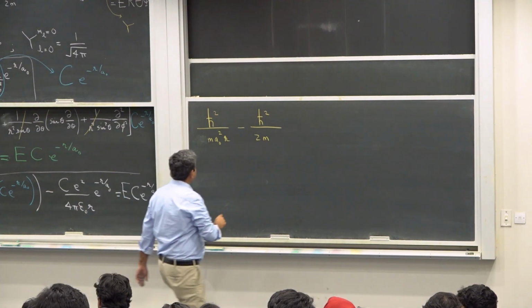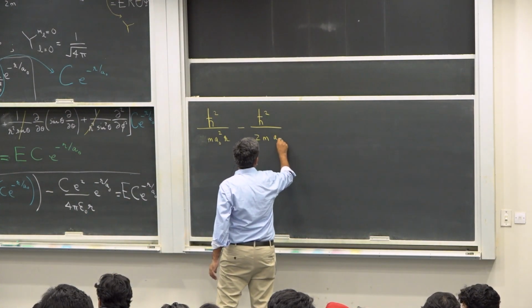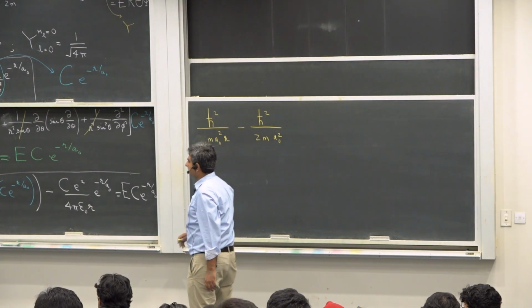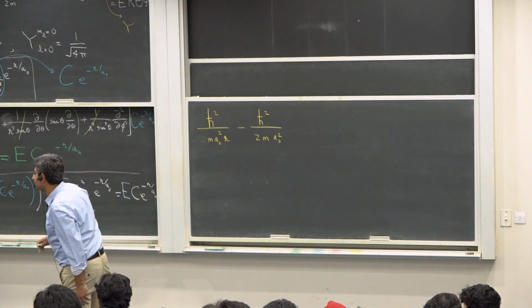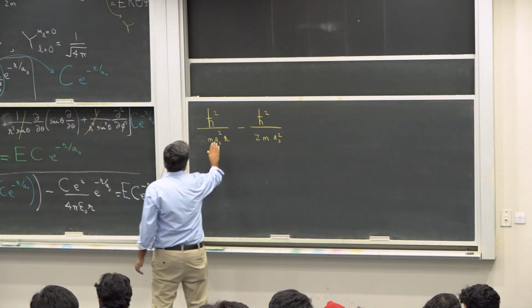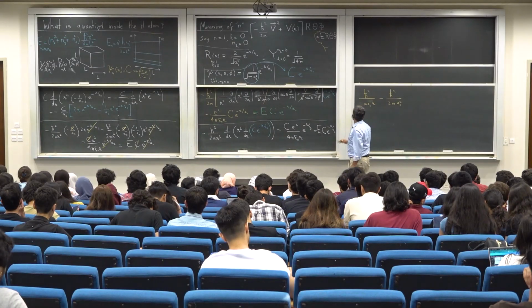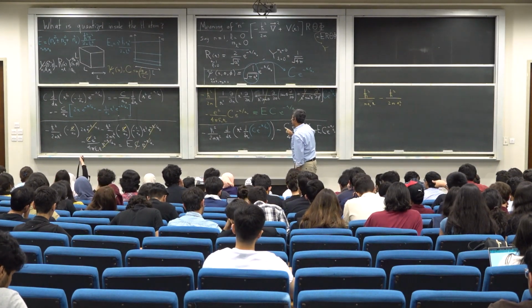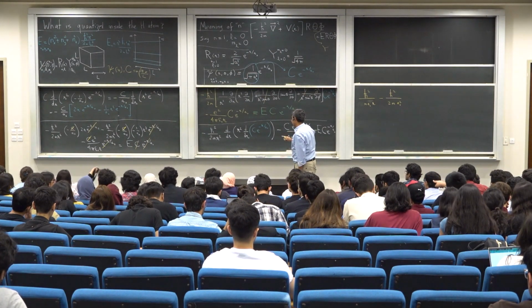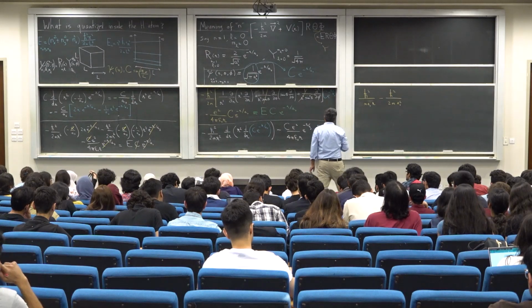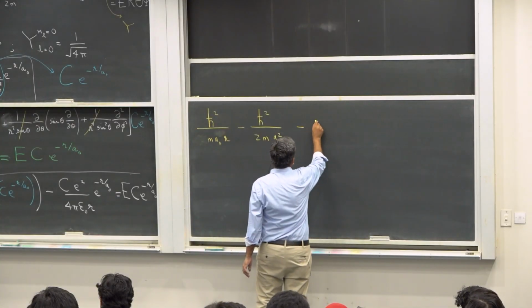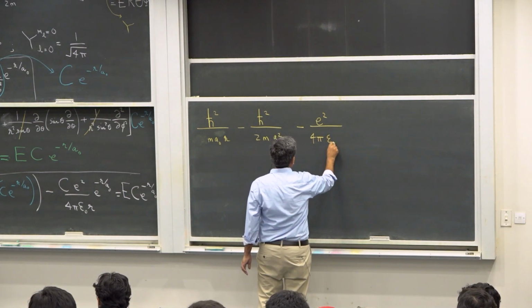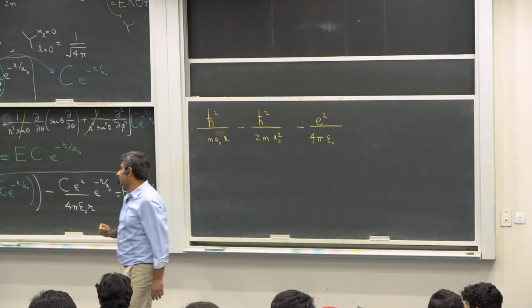A naught squared, minus h bar squared over 2m a naught squared, minus e squared over 4 pi epsilon naught r.